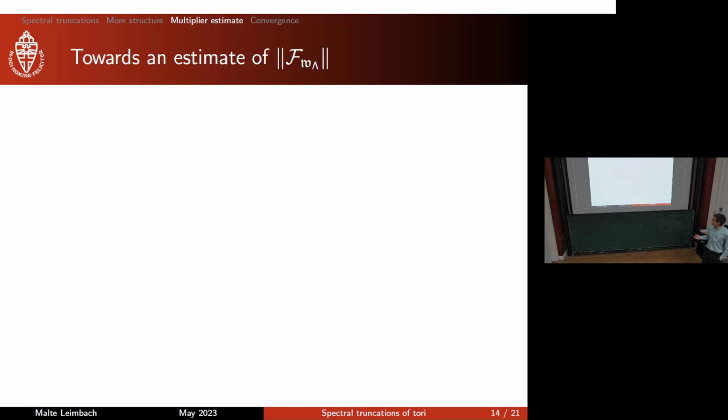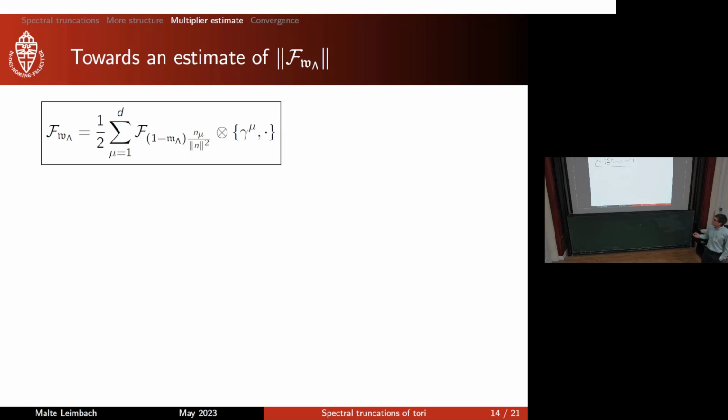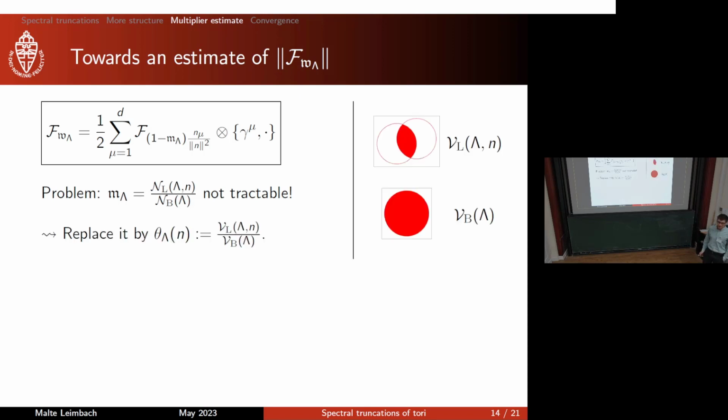So let's look at it a bit closer. A reminder, this is what it is. Somehow this number m is kind of annoying. We have to count lattice points to treat that number. And as always, when you have to count lattice points, you don't actually do it, but you measure volumes.